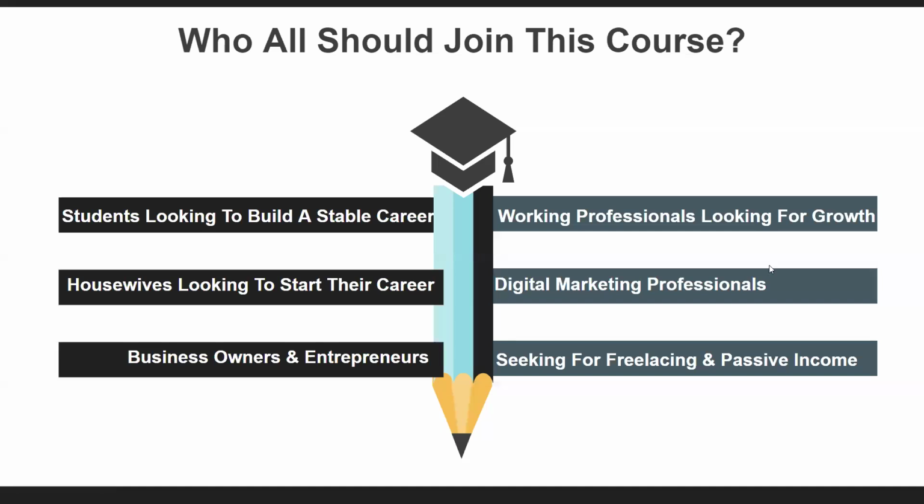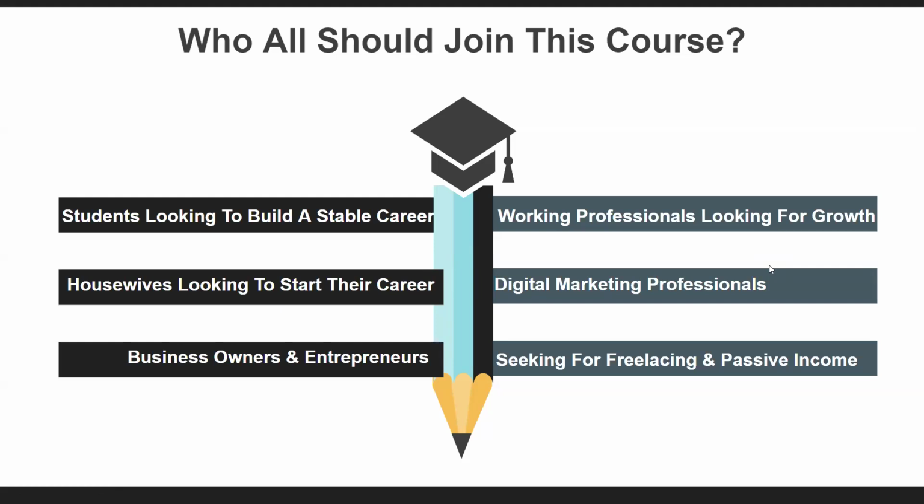Falguni is saying upgrading my skills. Okay. Tana is looking to upskill himself. What other people are planning? Quickly, guys. Princess wants to switch over to a new career. Okay. Rupa Shri, she's a housewife and wants to start her career. Abhijit is looking for freelancing.